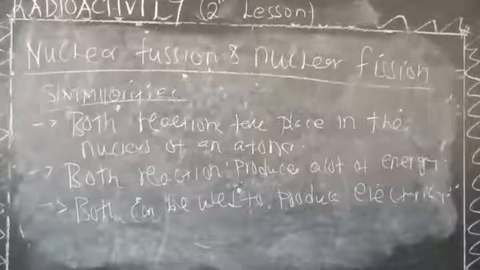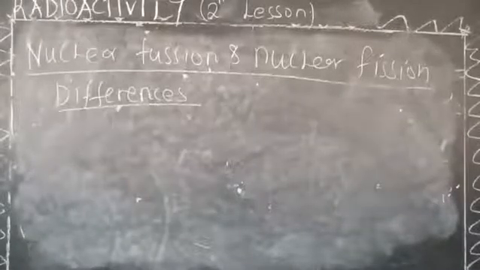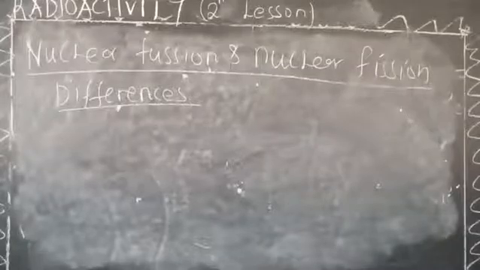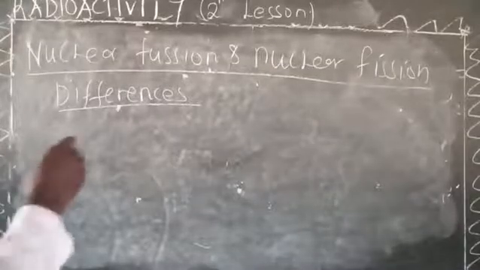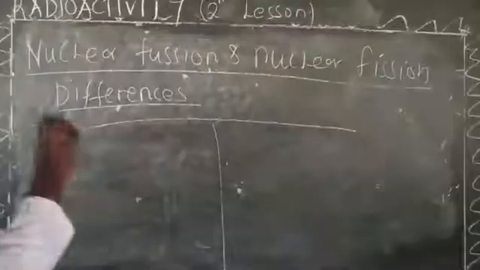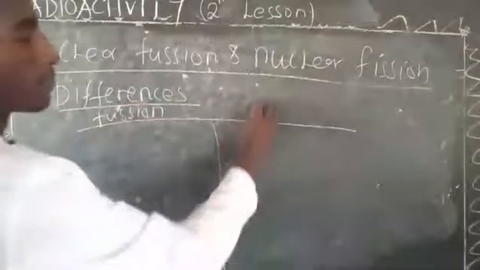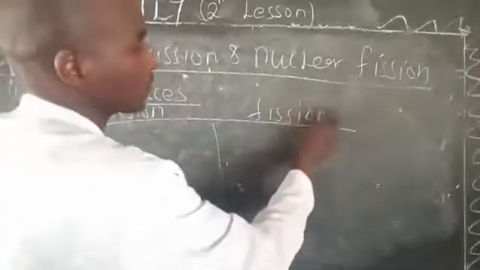Therefore, we now move to the differences between nuclear fission and nuclear fusion. I will just mention three differences. In this case, let me use a T diagram where we have fusion on this side and fission on this other end.